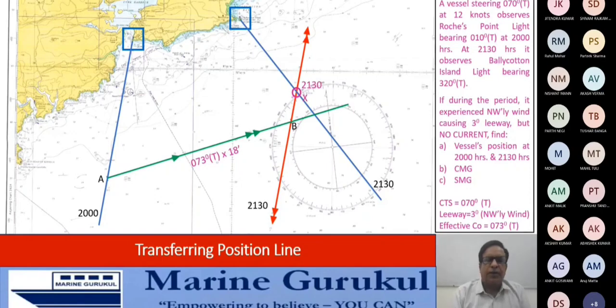Now the CMG line represented by AB is transferred through X, giving us position at 2000 hours, that is point Y. So Y is the 2000 hour position, X is 2130 hours position, Y to X direction is the CMG, which is 073 degrees true in this case, and Y to X is the distance made good in 1.5 hours, which will lead us to speed made good. So beta, I hope it is clear up to here.